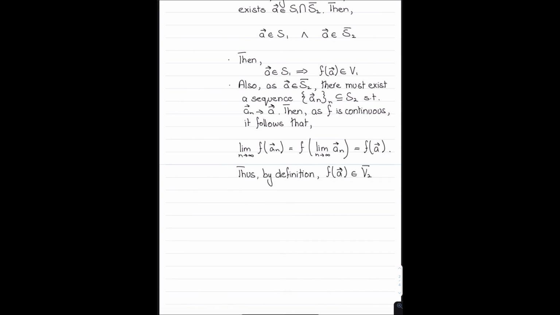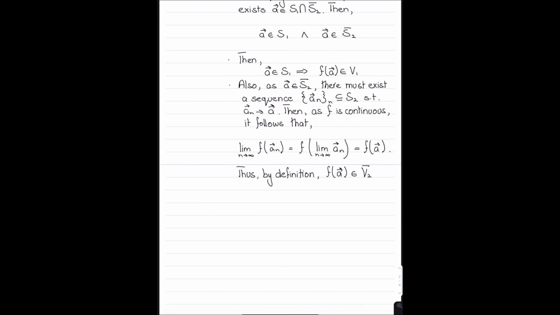Why? Because there exists a sequence in V2, which is f of a_n, that converges to f of A. So directly from the theorem that I proved a couple of videos ago, it follows. The theorem says that a point lies in the closure of a set if and only if there exists a sequence in that set that converges to that point. So we've shown that f of A is in the closure of V2.